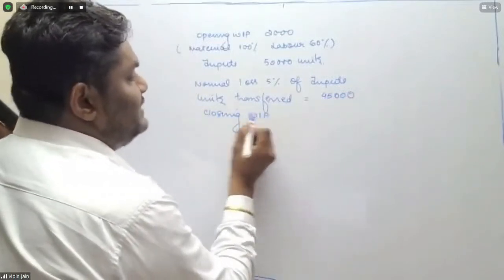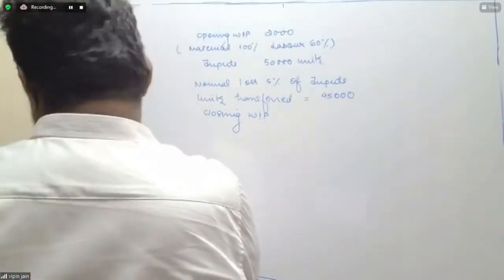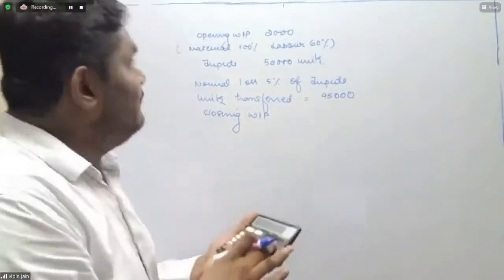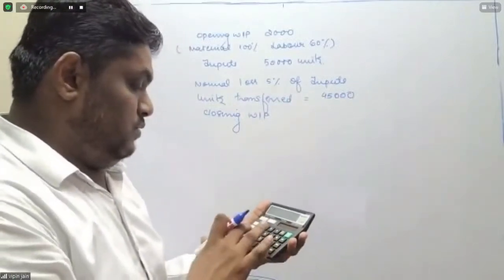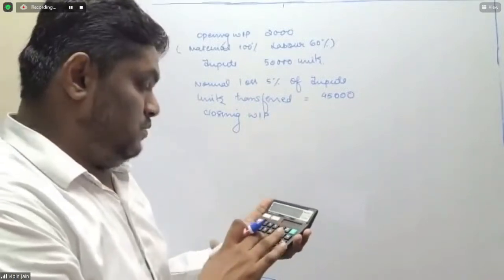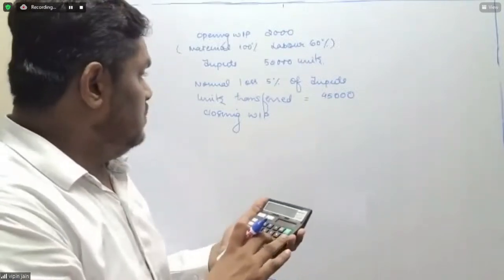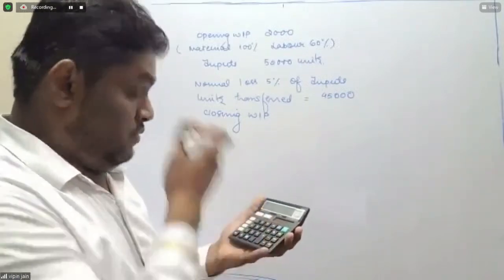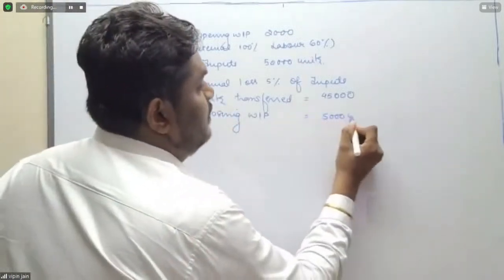Closing work in progress is given in the question. One second, guys, I'm framing a question. Let's say 5,000 units.